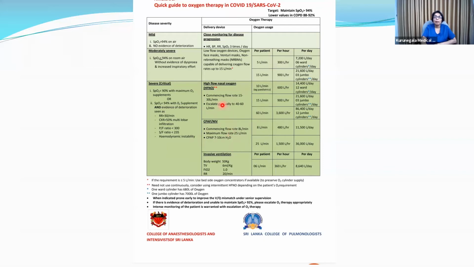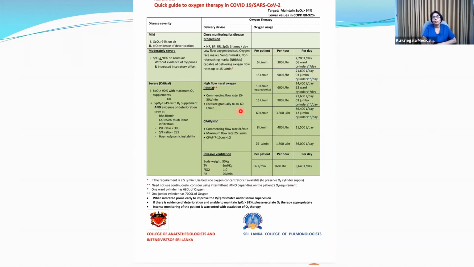When you give non-invasive high flow nasal oxygen, start with 15 to 30 liters per minute and then escalate. But if you are giving CPAP or non-invasive ventilation, in addition to the oxygen supplementation, you are supporting ventilation as well.